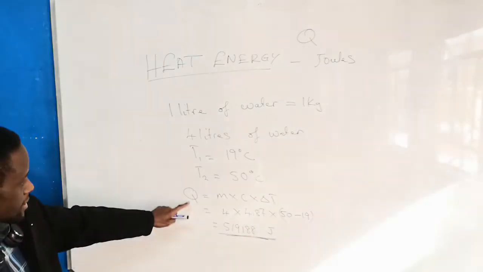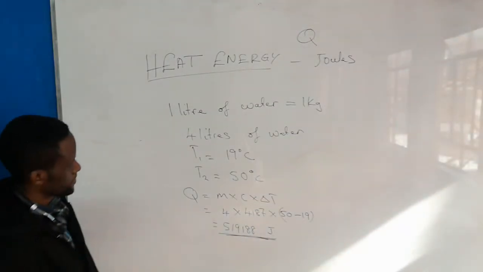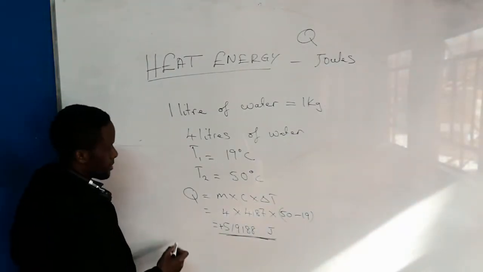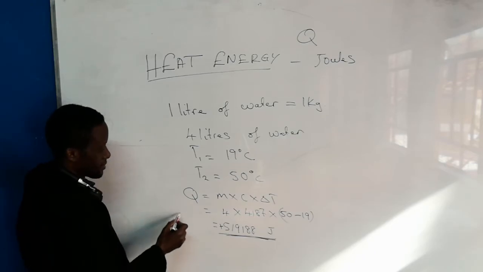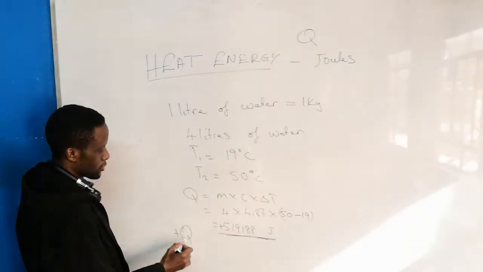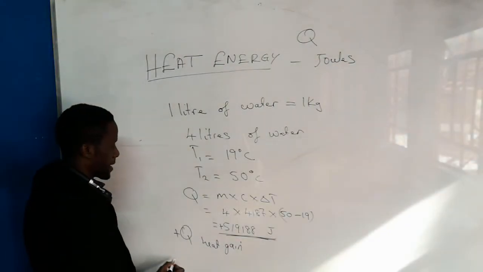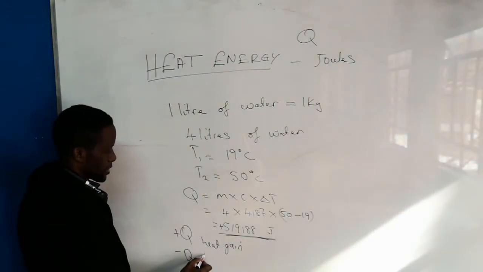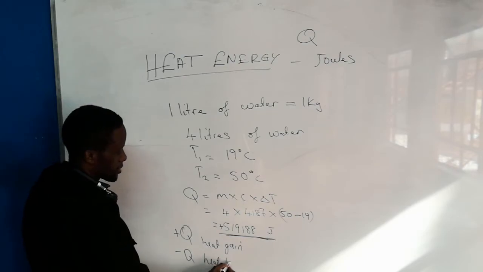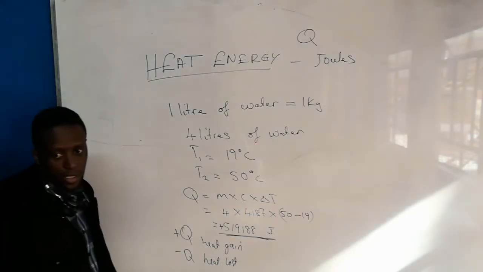A positive number means it is a heat gain. A positive Q is heat gain. A negative Q is heat lost. You are losing the amount of heat energy.